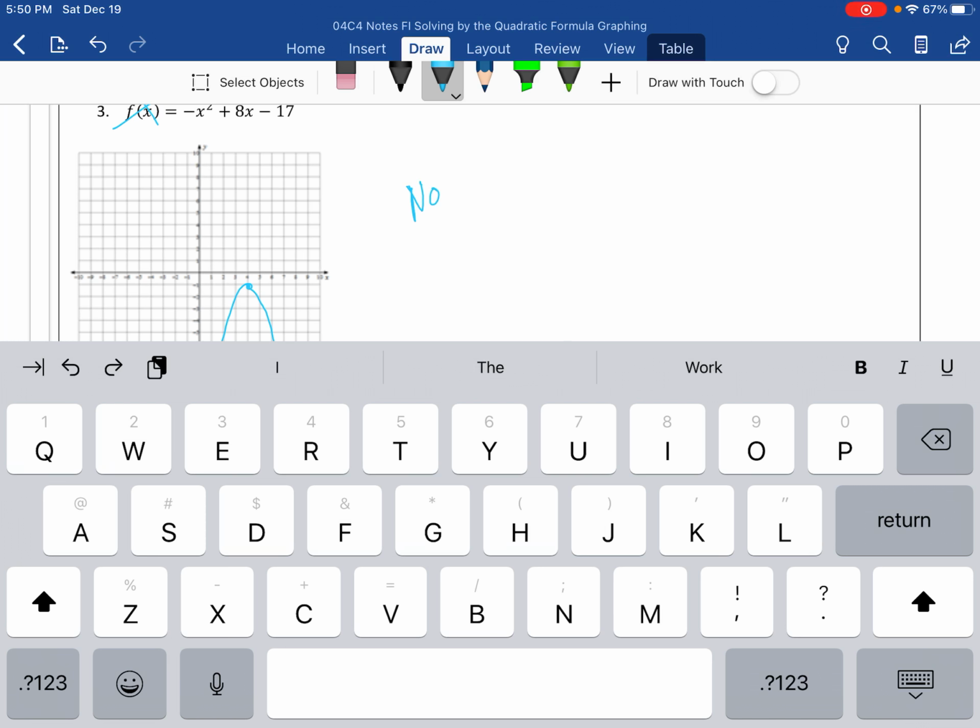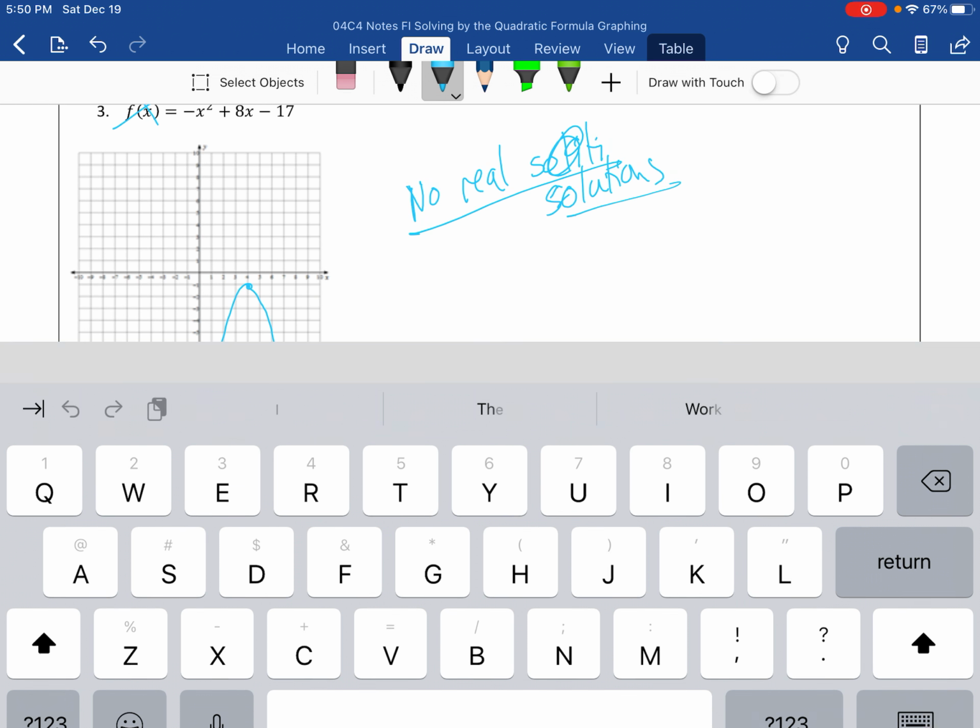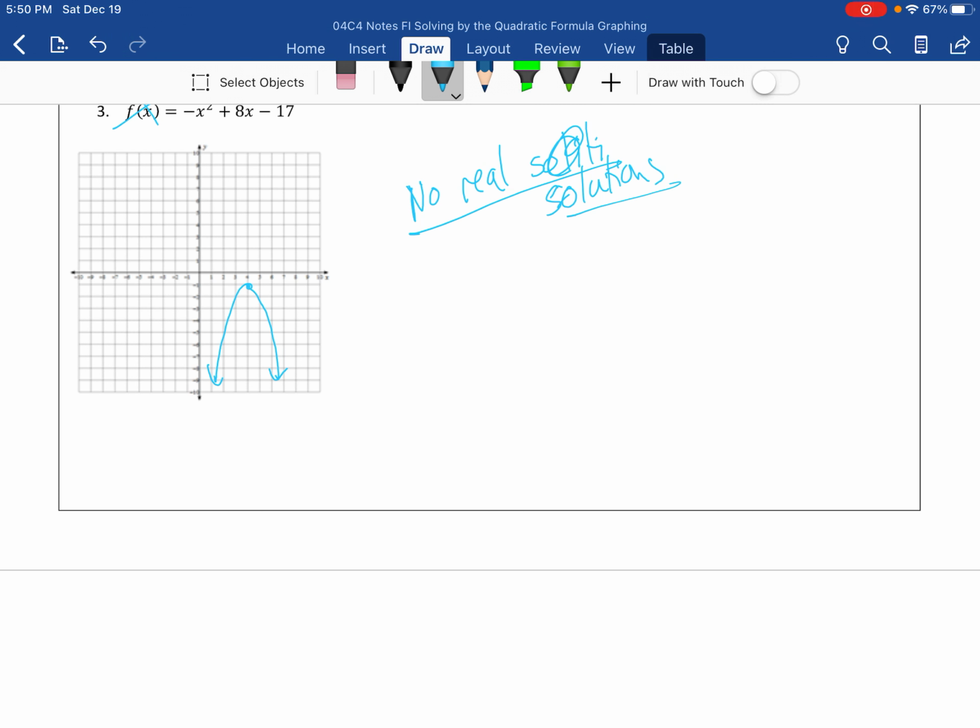Okay, and so my graph looks like that. And so this one would be not no solutions, but no real solutions. What's interesting about this one is this would actually not be the best way to solve this because there are imaginary solutions.